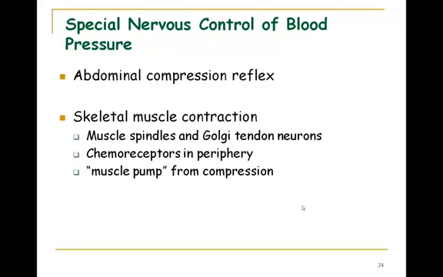We talked about Golgi tendon organs in the past, and your muscle spindles, which respond to stretch. These are also important during exercise. These proprioceptors send information up to the vasomotor center and influence blood pressure.